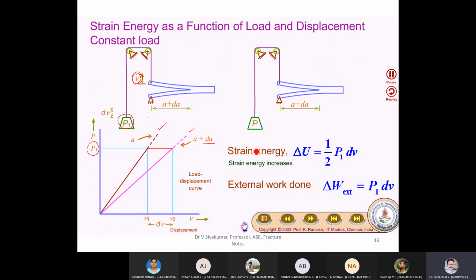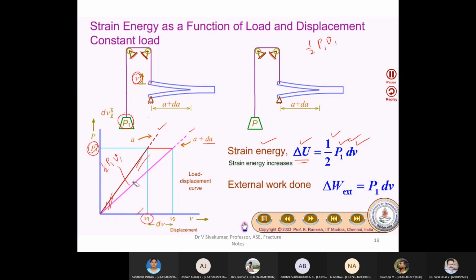So in the first case, what is the strain energy? Half into P1 into V1, the area under this curve.